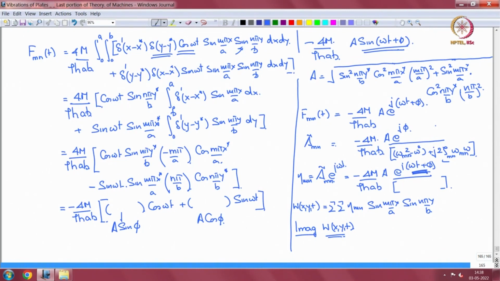Okay, but what is it actually? Actually here it is sine omega t plus phi, and therefore finally we take the imaginary value of this. Okay, that is the response to a rotating moment. If we convert this to magnitude and phase, there will be another phi 2 coming in. So, that is the response to a rotating moment.